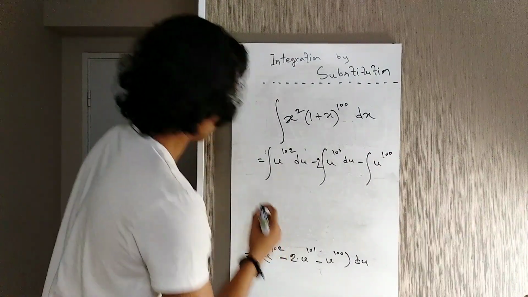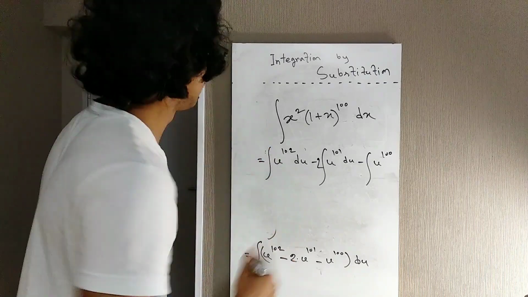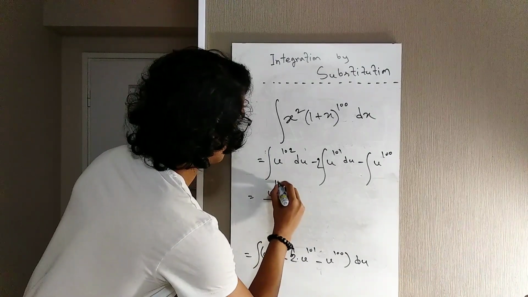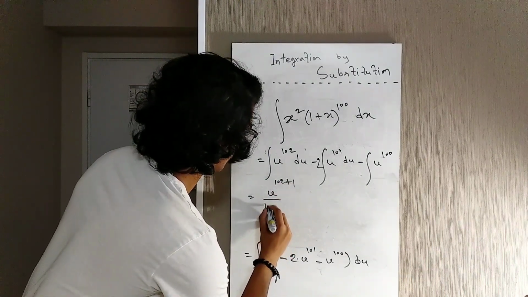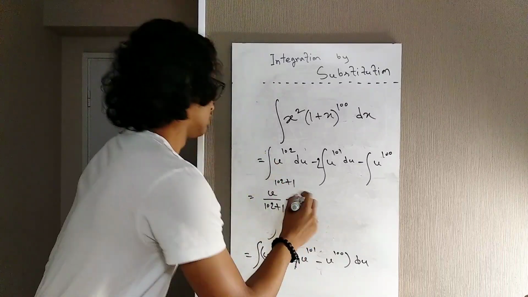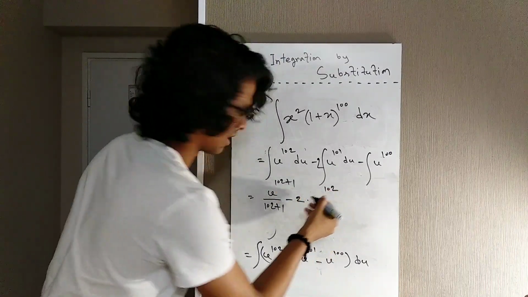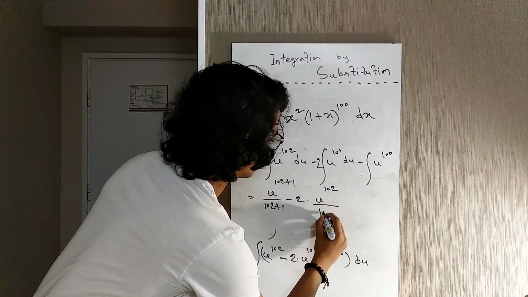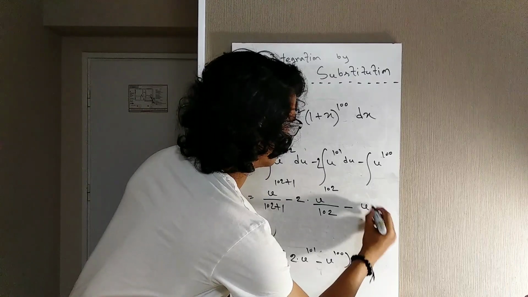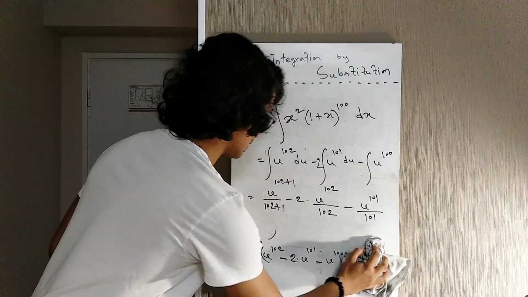Now again, with that standard formula that we know by heart, we'll have u power 102 plus 1 over 102 plus 1 here. Similarly, here we'll have minus 2 multiplied by u power 102, because 101 plus 1, divided by 102, and finally on this side we'll have u power 101 over 101, right?